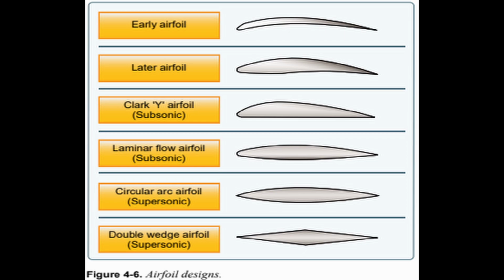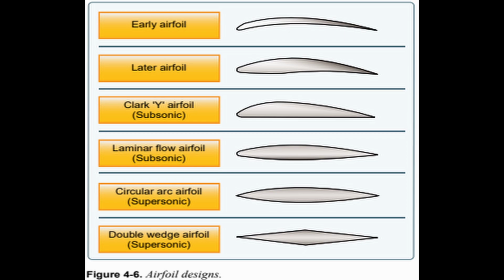Underneath that, you can see the laminar flow airfoil here. Now we're getting into airfoils that are designed to provide less drag and are really trying to achieve that higher speed flight, but they start to experience reductions in lift and stability in conditions like high angles of attack, which we will talk about in a little bit.